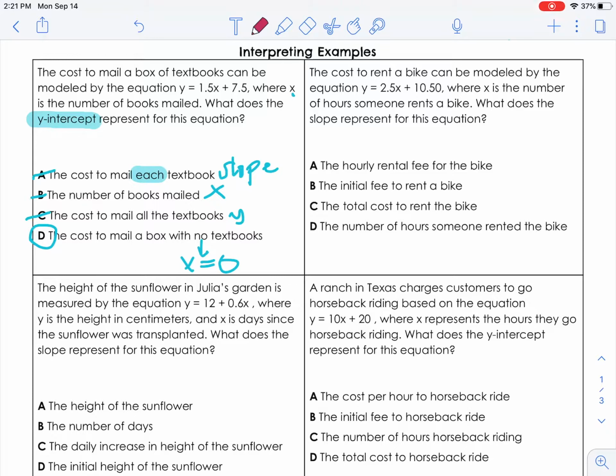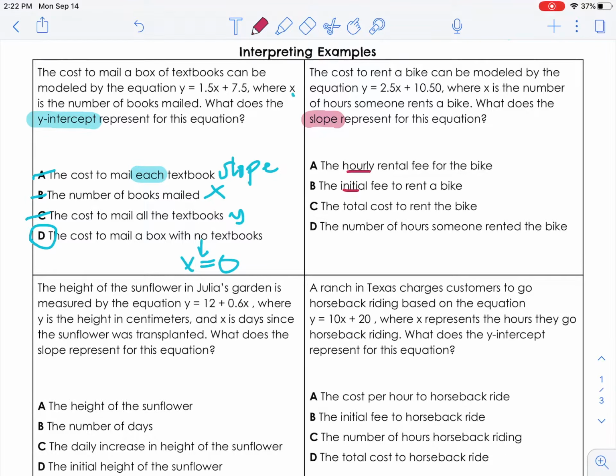All right, the next one here. The cost to rent a bike can be modeled by the equation y equals 2.5x plus 1050, where x is the number of hours that someone rents a bike. What does the slope represent for this equation? So we're looking for the slope, okay, per, each, every, hourly, words like that, okay. So the hourly rental fee, that seems like it might check out.